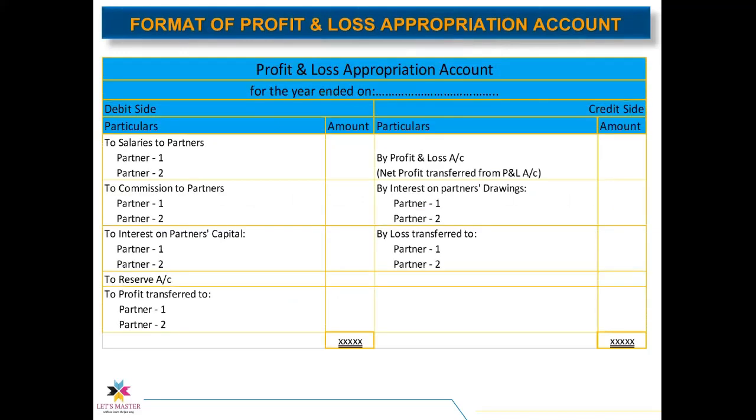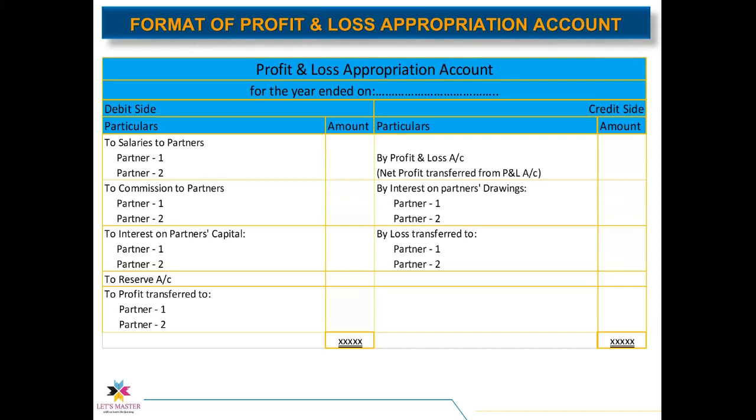Let's have a quick look at the format of the profit and loss appropriation account. It is more or less like your trading account or profit and loss account. It is again prepared for a year or an accounting period ending on, so it is prepared for a period, not on a specific date, unlike your balance sheet. It has two sides, the debit side and the credit side.